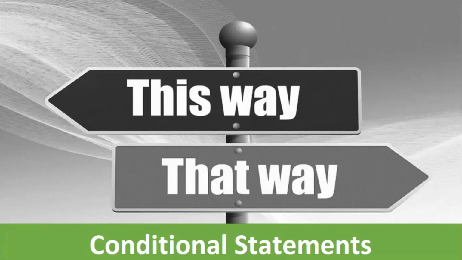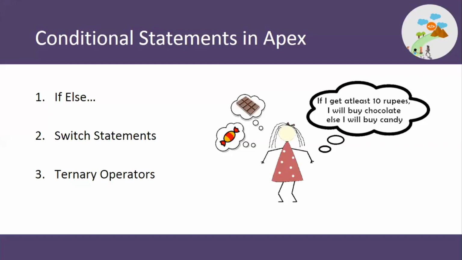That is where conditional statements come in handy and prove helpful. Let's understand what types of conditional statements are available within Apex, and what magic we can do with them. Within Apex, we have three basic types of conditional statements.